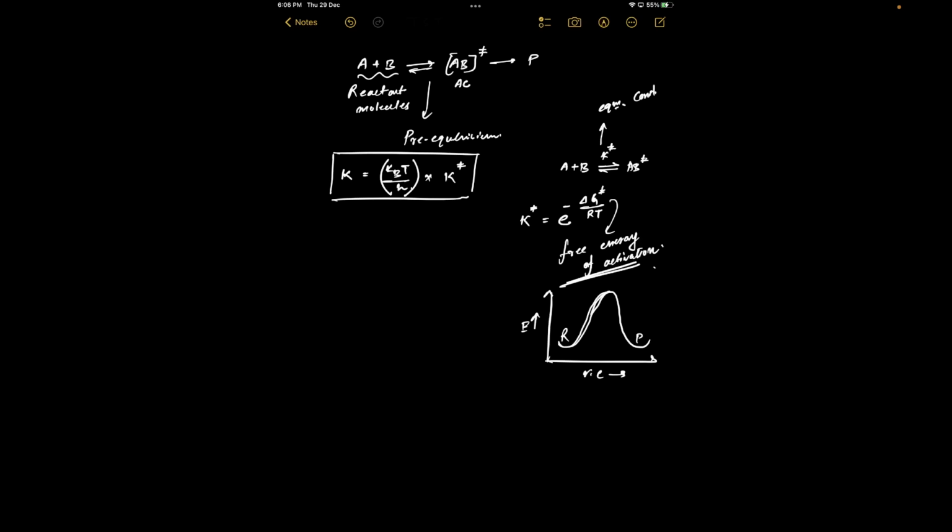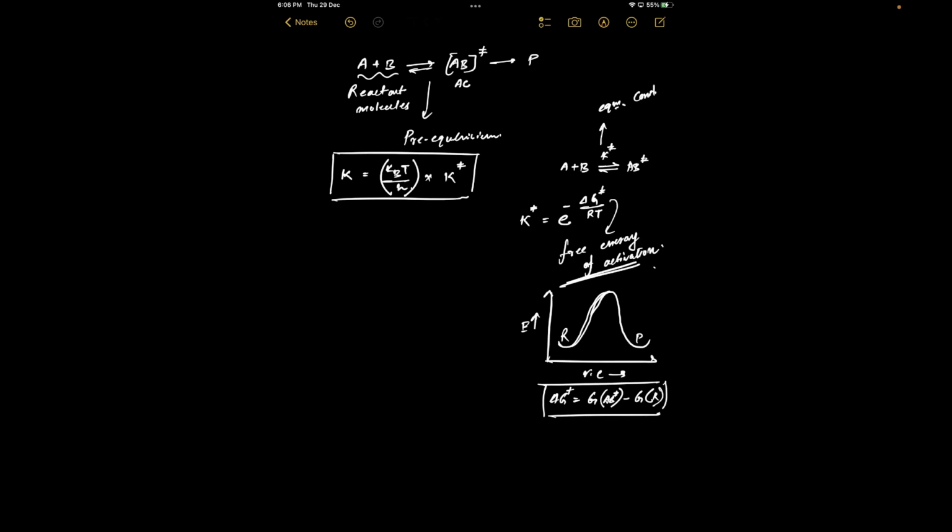That means delta G double dagger is the free energy of the activated complex minus the free energy of the reactant molecules.